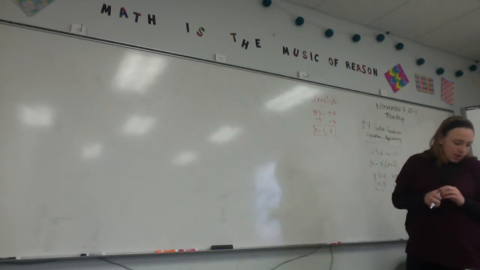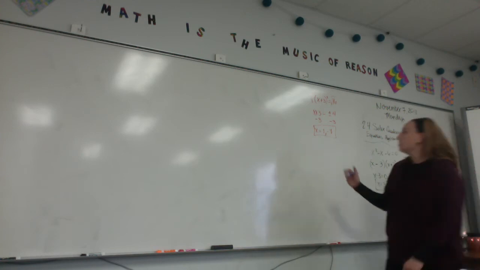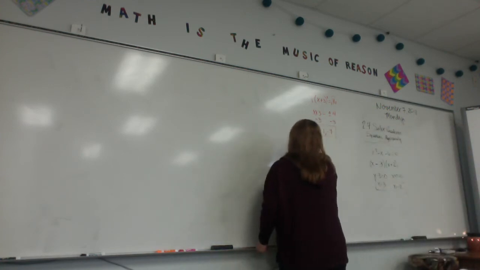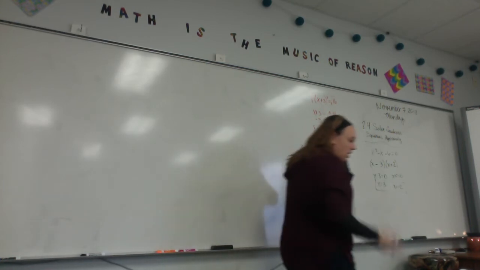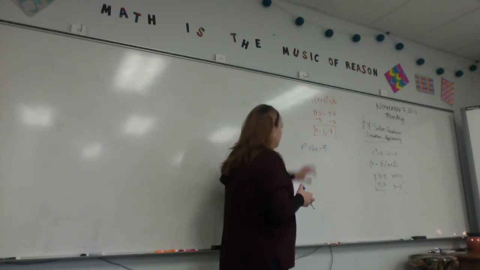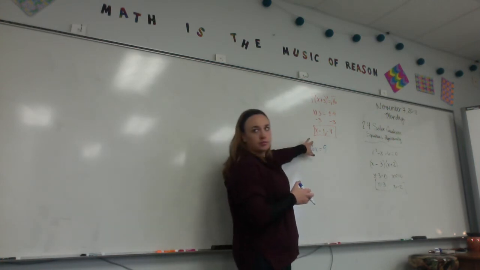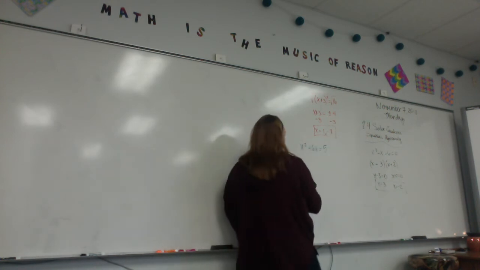If you have x squared plus 6x equals 5, when you want to complete the square, you want to ask yourself, what is half of 6, squared? Half of 6 is 3, then square it. 3 squared is 9.